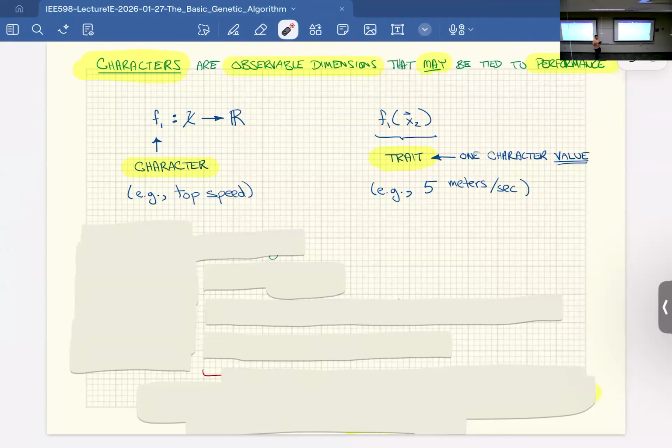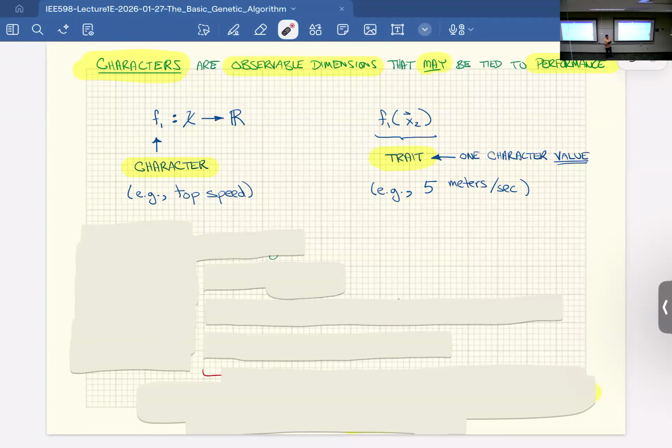So for example, for a given design of a car, I can map that to the car's top speed. Well, top speed might be important to my stakeholder. Top speed is something I could observe, but a particular stakeholder may not care about top speed at all, in which case, just because I can observe it doesn't mean I want it in my optimization problem. So anything that you could observe, anything that you could assess, we're going to call a character.